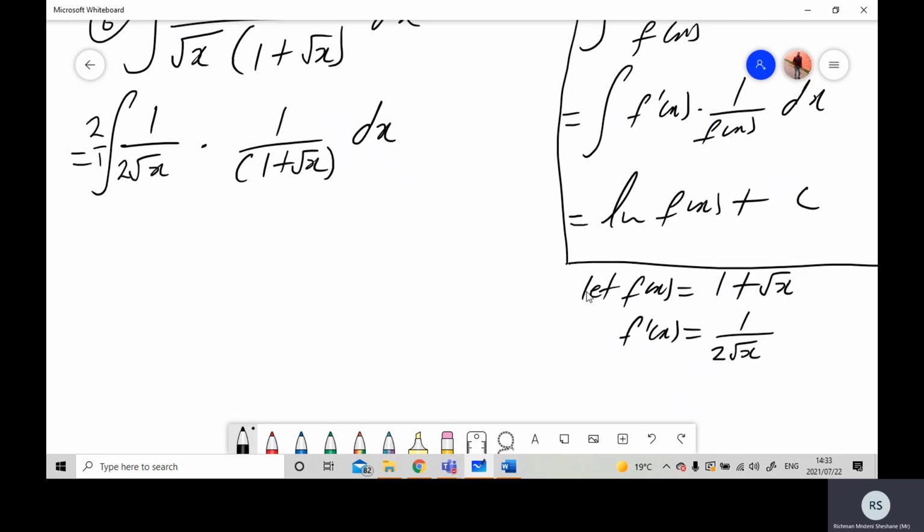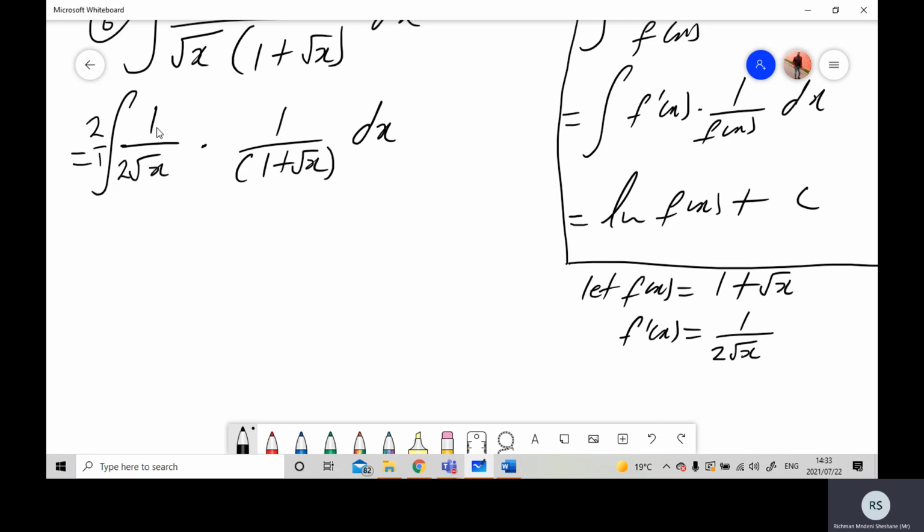So now, as you can see, this is f of x, and the derivative of f of x is 1 over 2 square root of x. As you see now, I have f prime. So now I have this form: f prime times 1 over f of x dx.